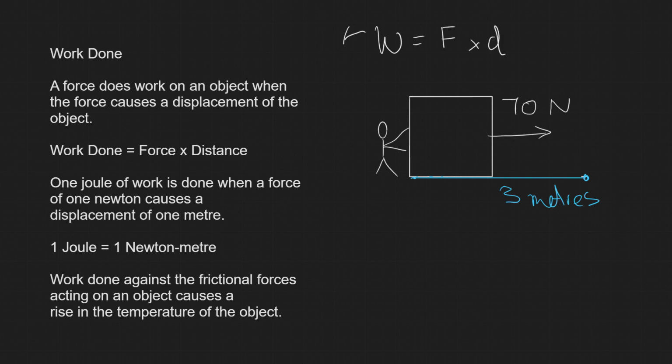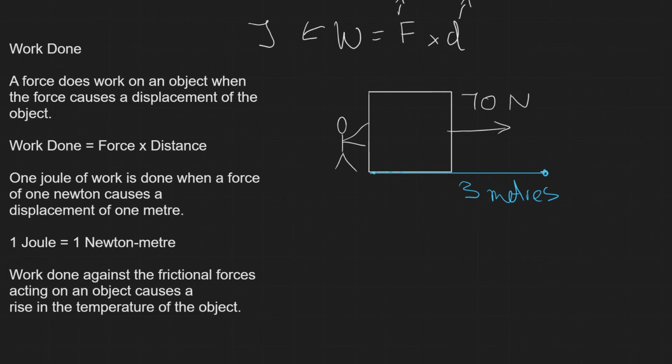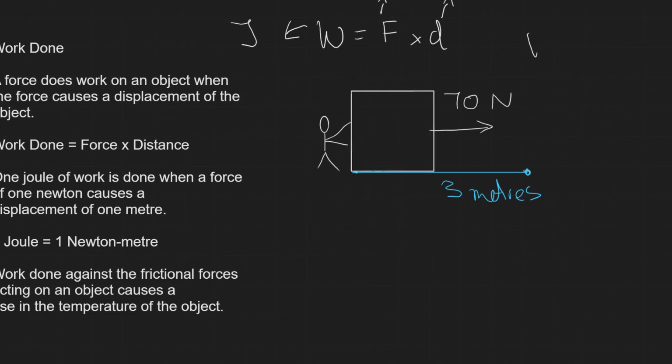Work done is measured in joules, the force is measured in newtons, and the distance is measured in meters. So if we move this big box by a distance of 3 meters with a force of 70 newtons, the amount of work done will be equal to the force, which is 70, multiplied by the distance traveled, which is just 3 meters.